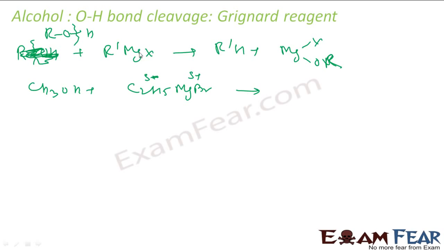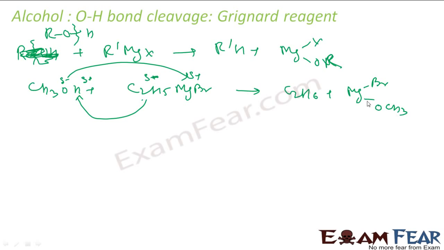This is what we have seen. So now if you see here, what happens is this negative and hydrogen develops slightly positive charge. This is slightly negative, right? We have seen this due to polar nature. So this will come and attack this. This will attack that. So what you get is C2H6 and MgBr. Here you get OCH3. Correct? This is the typical reaction mechanism.